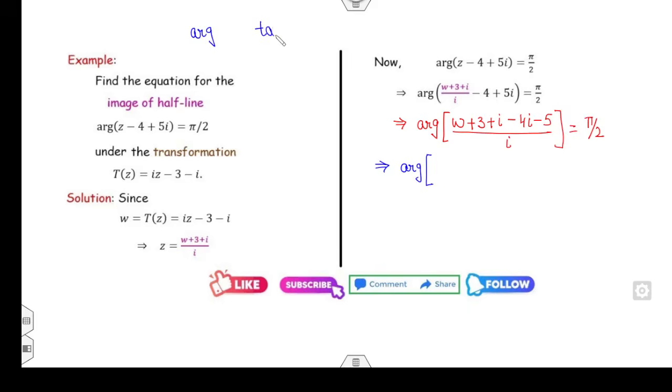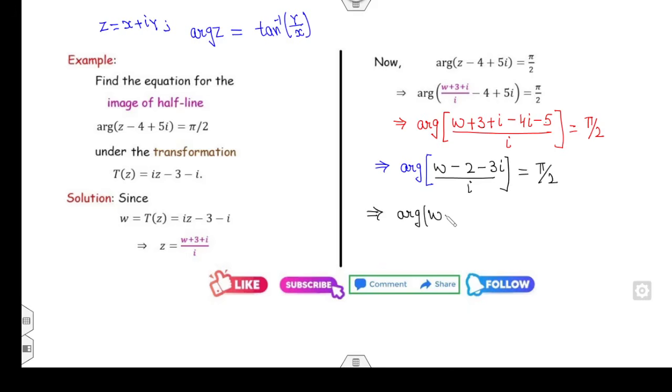Argument of a complex number is tan inverse y over x, if I say argument of z, where z is x plus iota y. Fine. Now it is the w. Real component is minus 2, minus 3 iota, divided by iota. Fine. Now we all know, by using the argument property, it's argument of w minus 3 iota.